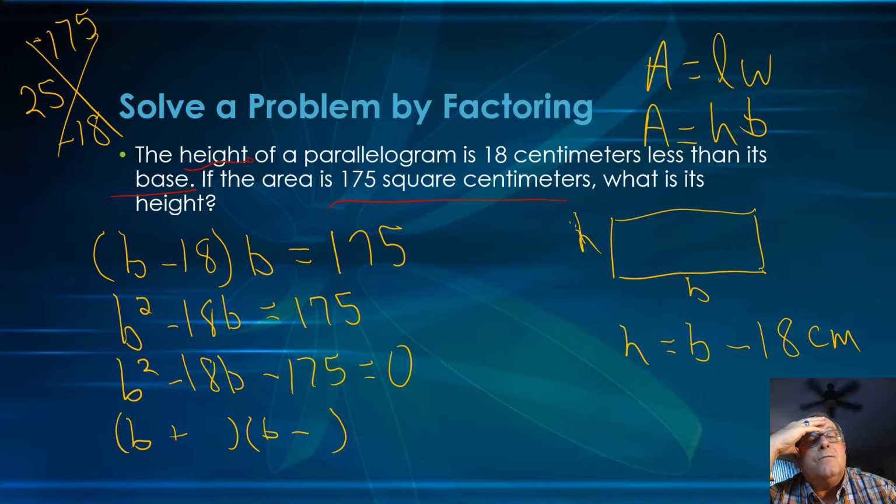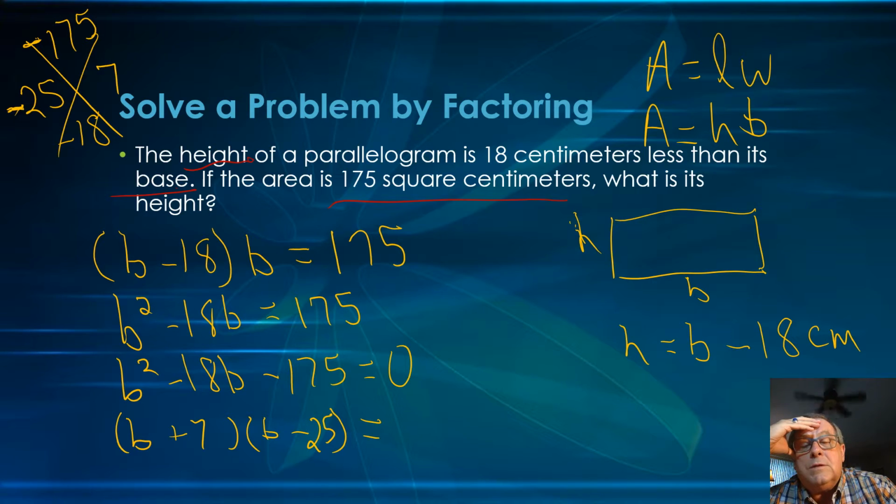Of course, this is a negative 175. I can't forget that. 4 times 25 is 100. That means 8 times 25 would be 200, but I've got 175, 25 less. So 7. And I've got a negative 18, so this needs to be a negative 25. Negative 25 and a positive 7. So I can say positive 7 and negative 25.